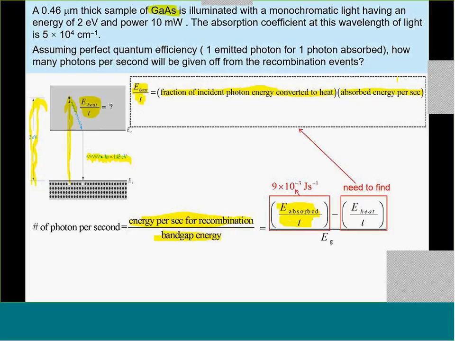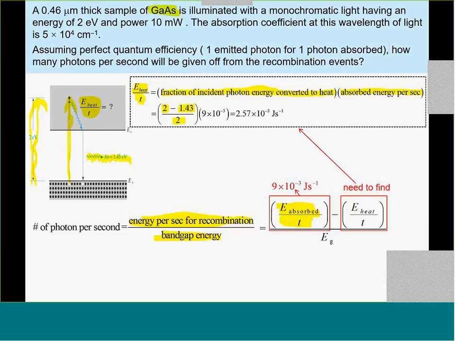The fraction of incident photon energy converted to heat is the incident photon energy minus the E gap, divided by the incident photon energy.